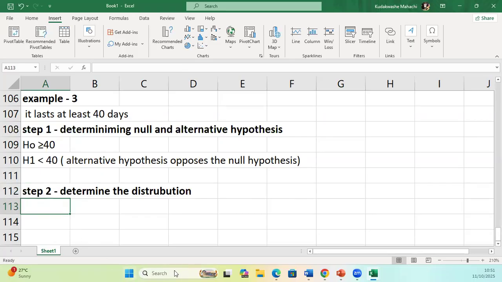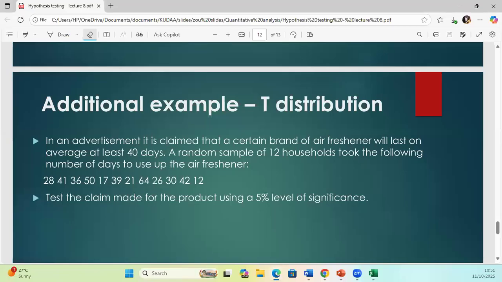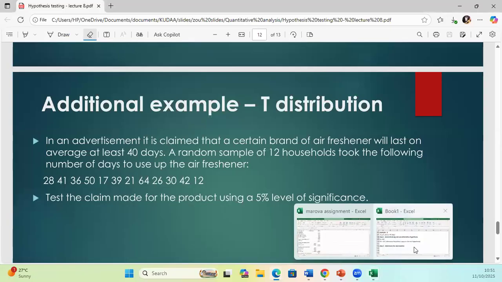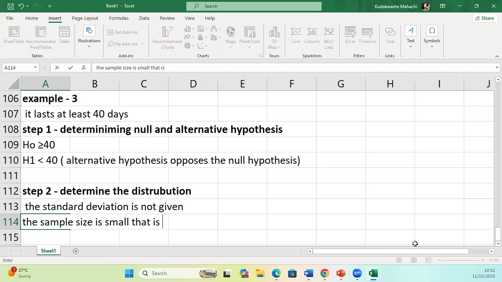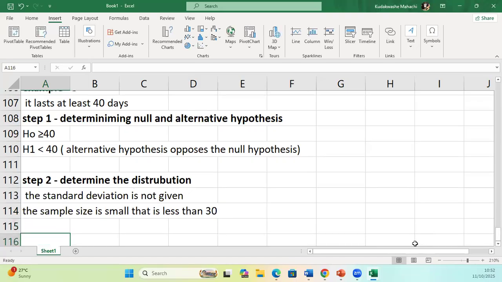So for this one now, if you look at the question, we are not given the standard deviation. A random sample of 12 households, we are not given the standard deviation and the sample size is small. We are looking at 12 households. So the standard deviation is not given, and also the sample size is small, that is less than 30.